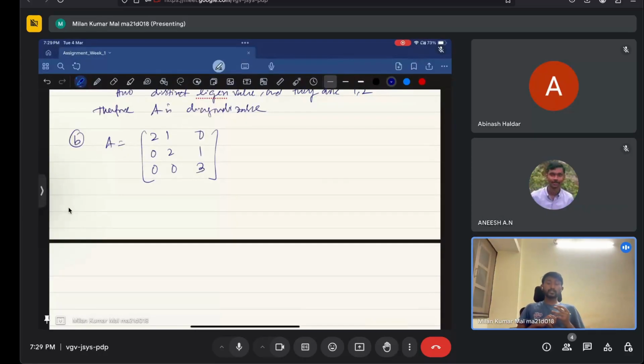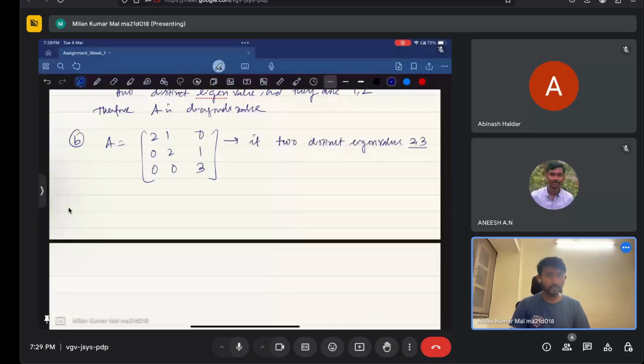Why? This is a very known fact: if we have an upper triangular or lower triangular matrix, the diagonal entries are the only eigenvalues. So here 2 and 3 are the only eigenvalues.